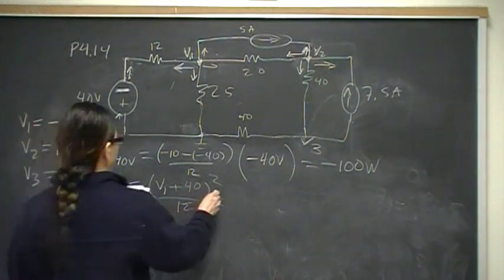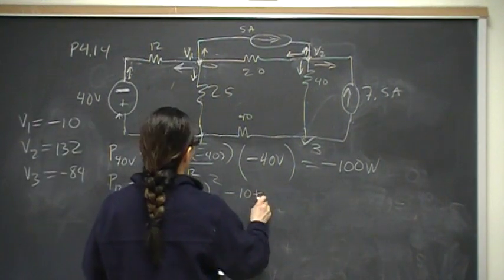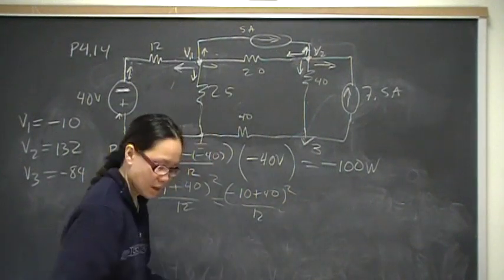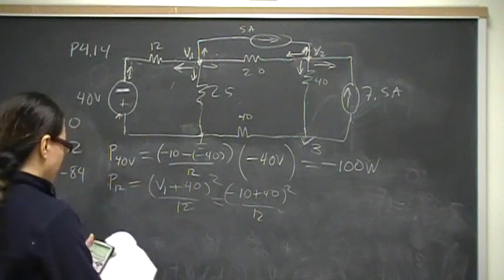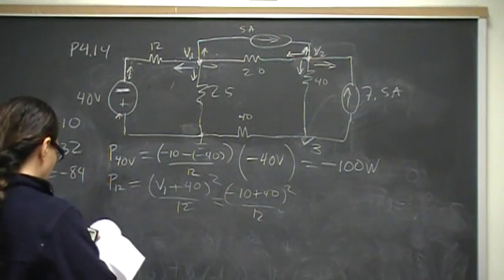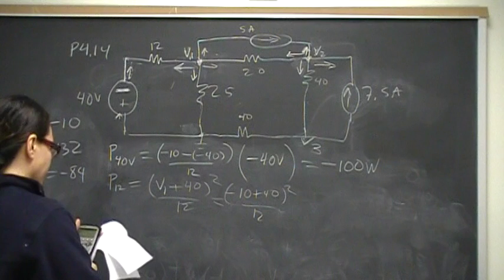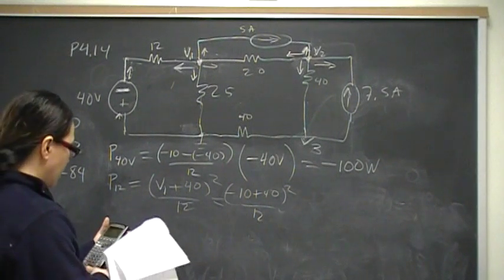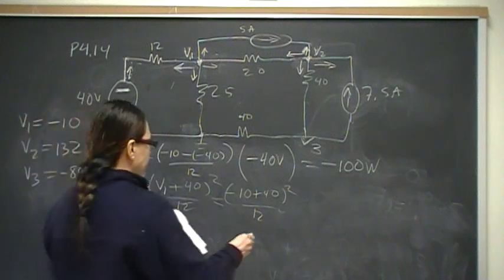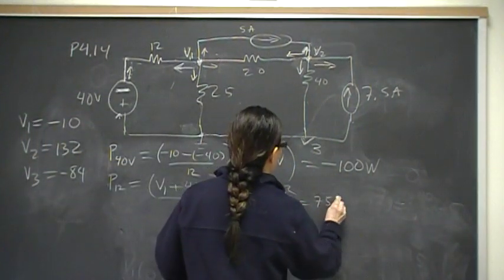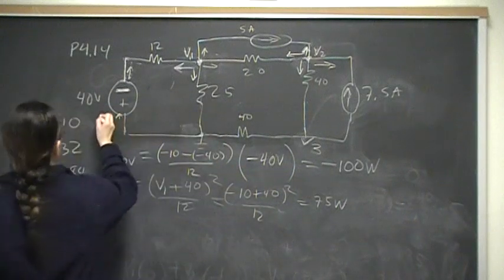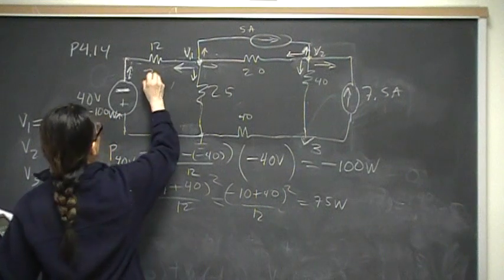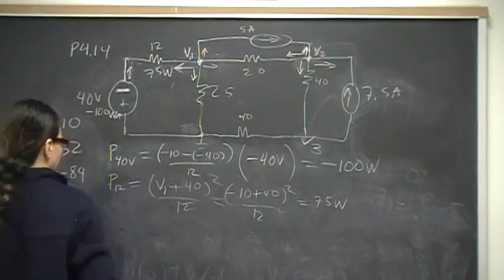Okay, so then I have negative 10 plus 40 over 12, that's going to get squared. I have negative 10 plus 40, square it, divided by 12. It's going to give me 75 watts. I'm going to start putting the numbers over here. So this is going to be negative 100 watts. This is 75 watts. Okay.